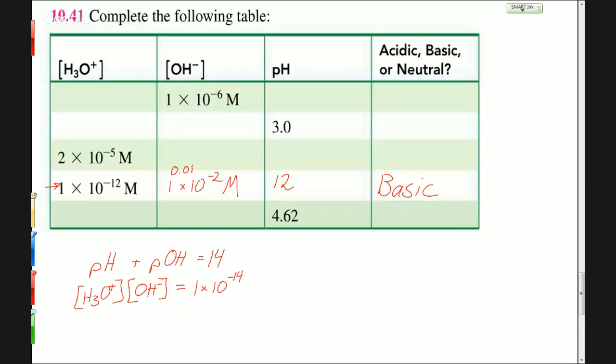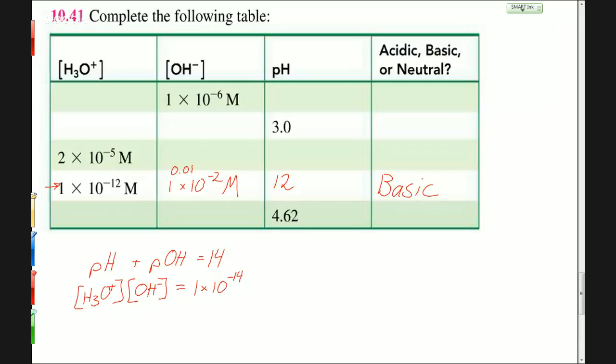All right, there's one more piece of this table that we haven't really talked about yet, and that's how to go backwards. So take a look at the second line. Here we have a pH of 3 and no other information. We can probably figure out acidic, basic, or neutral pretty quickly. So what do you think it is?